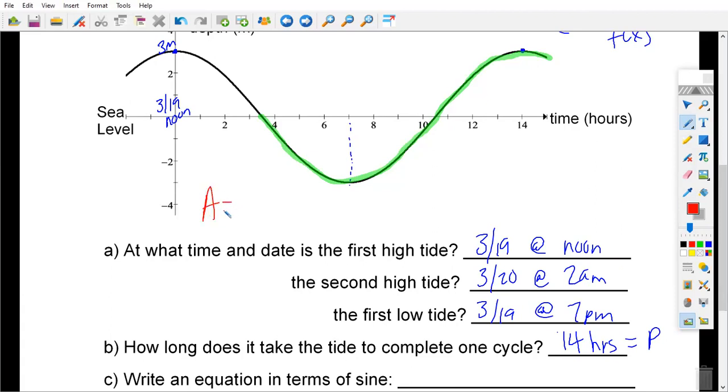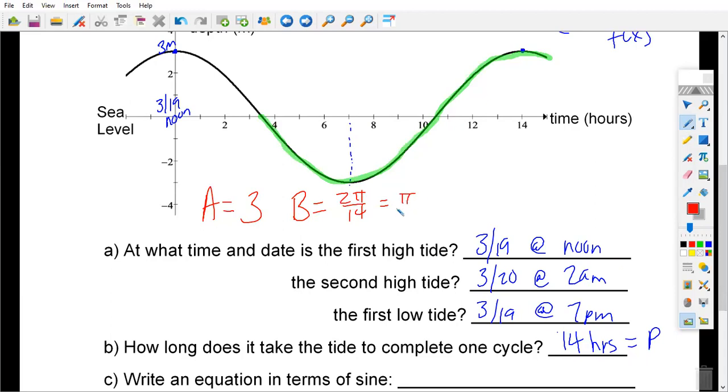So what is the A that we're going to be using? 3. What is our B that we're going to be using? It's going to be 2 pi over 14, and that's because our period was 14.